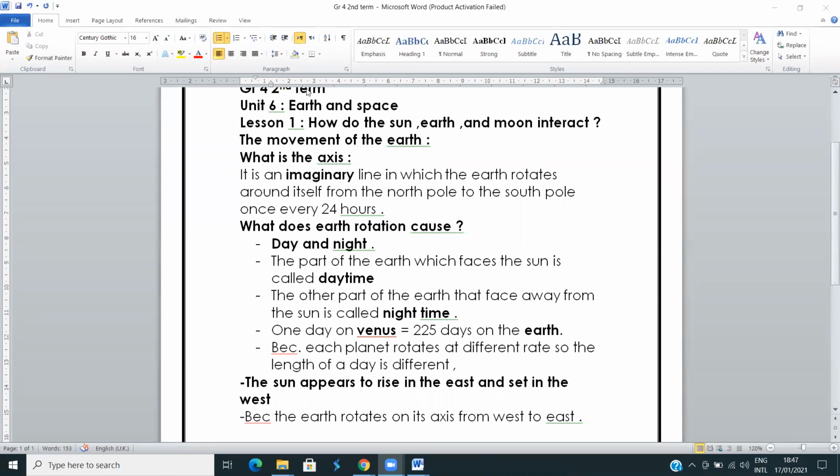Students, do some students understand well or no? Okay, Hamoud Al-Bazi, how are you? Did you write today in your notebook or no? Yeah, I'm writing. Okay, what is the reason for day and night?